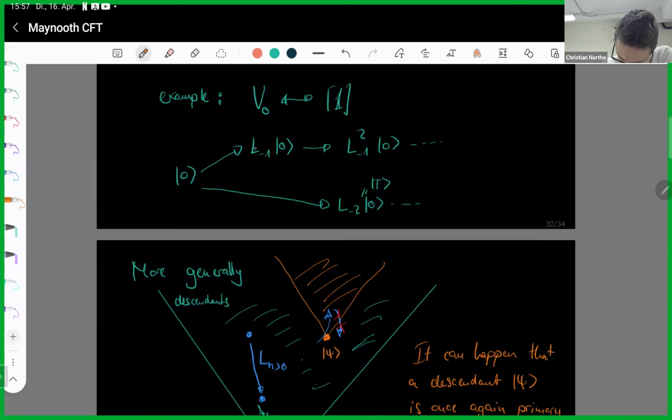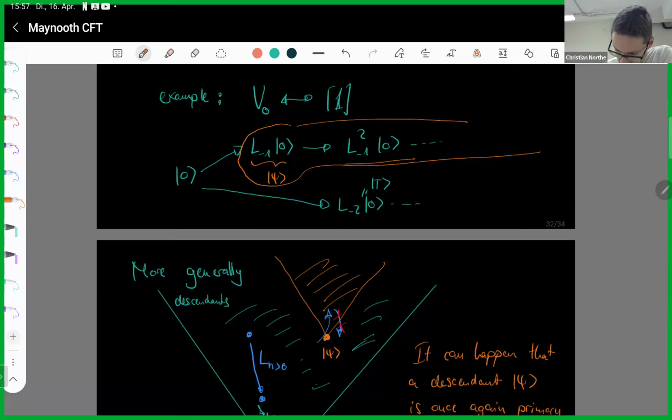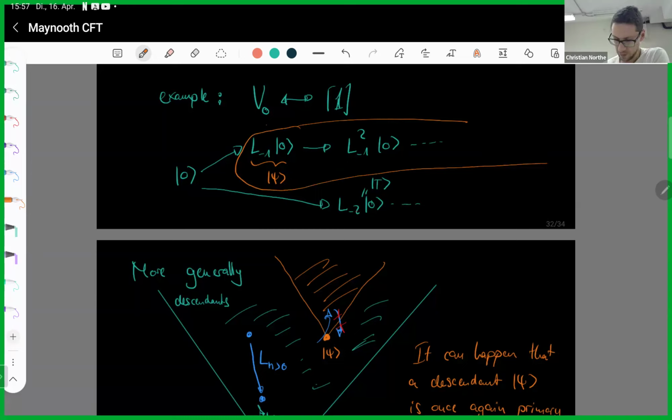This is now psi. This is the null vector. And everything that comes after, let's just draw it like that, is this cone here, this orange cone. And we're instructed to just ignore all of that.